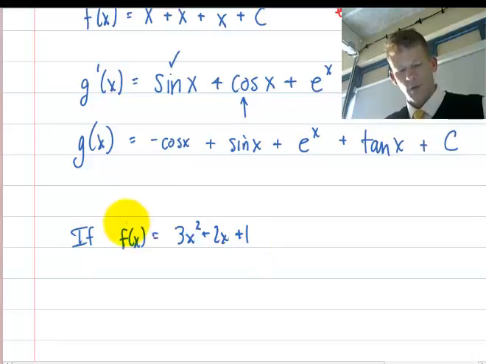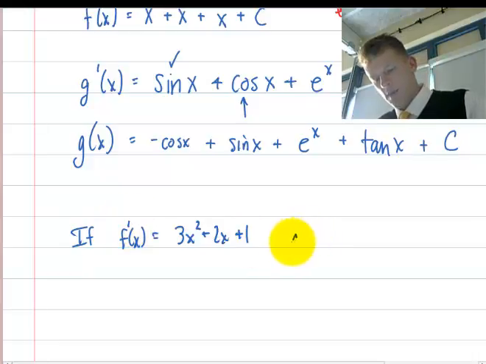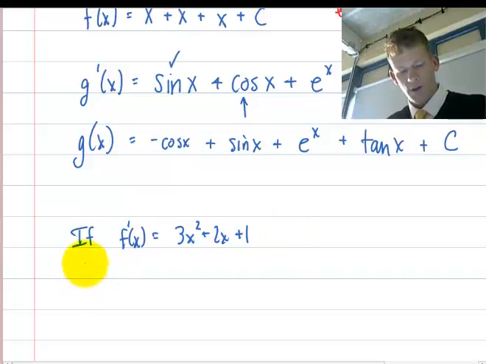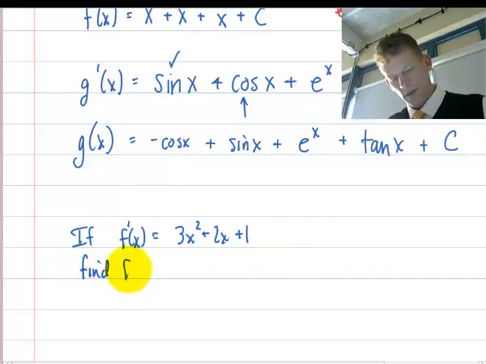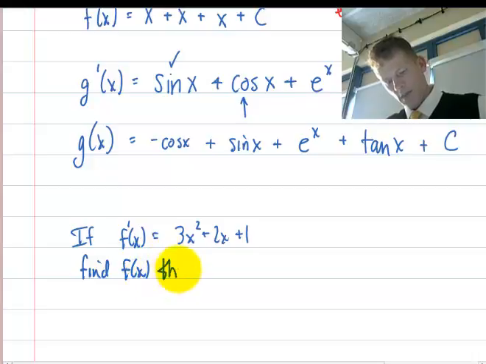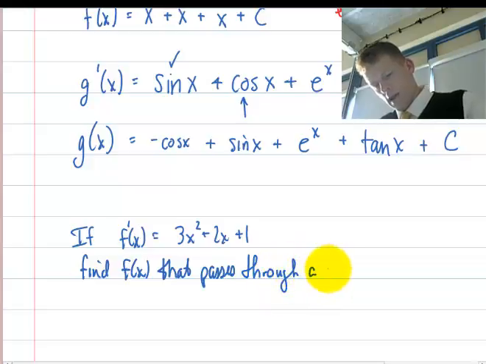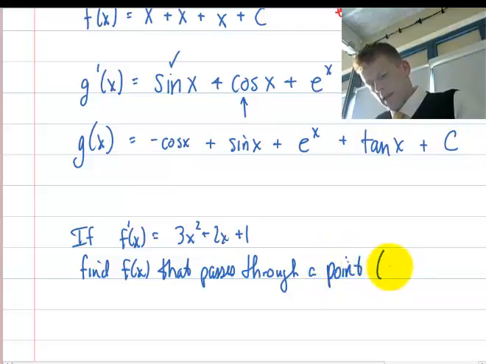If that's your derivative, and they say, find the function that passes through a point. Let's say 3, 2, just some arbitrary point.